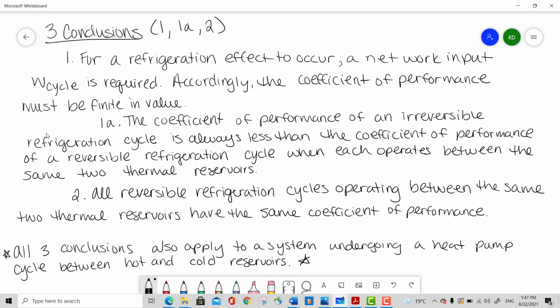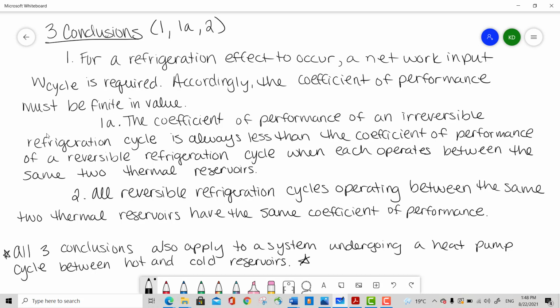So 1A, the coefficient of performance of an irreversible refrigeration cycle is always less than the coefficient of performance of a reversible refrigeration cycle when each operates between the same two thermal reservoirs. Completely makes sense.